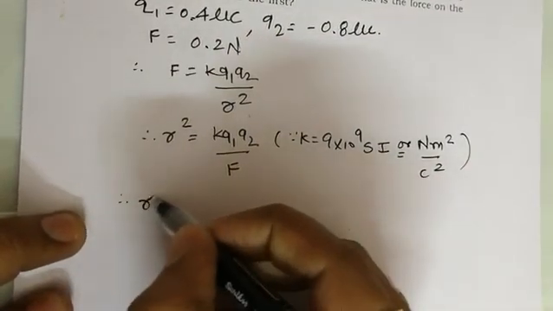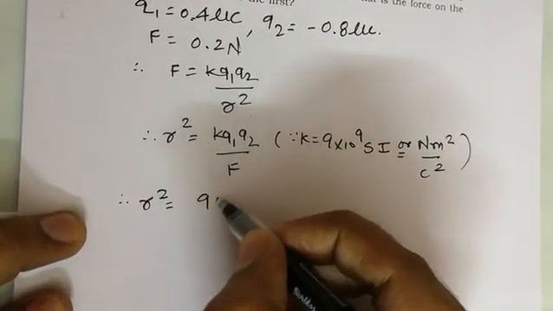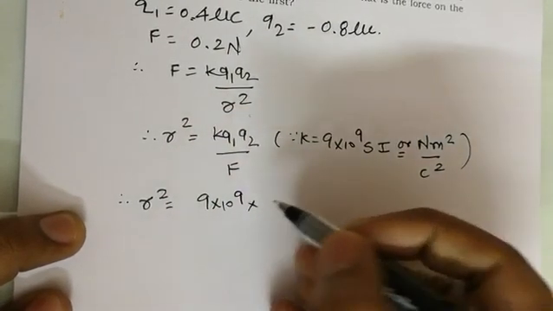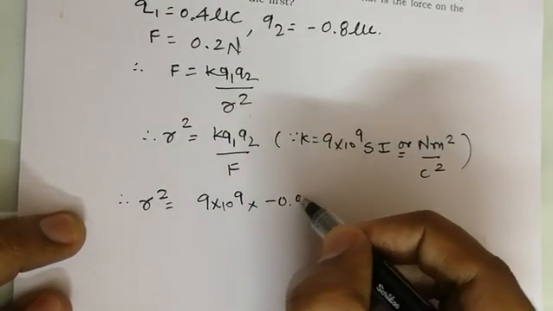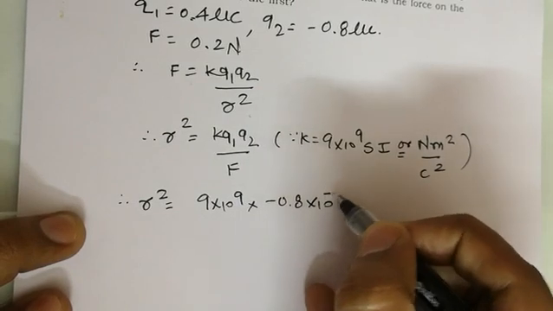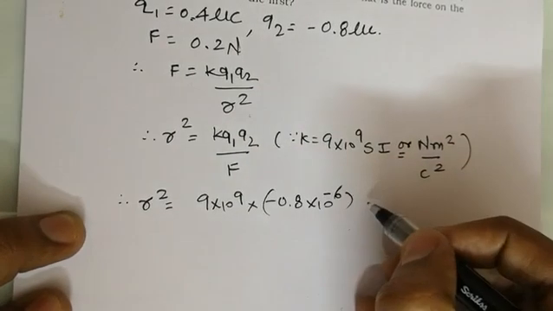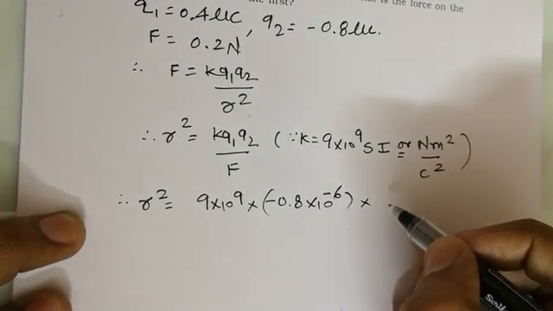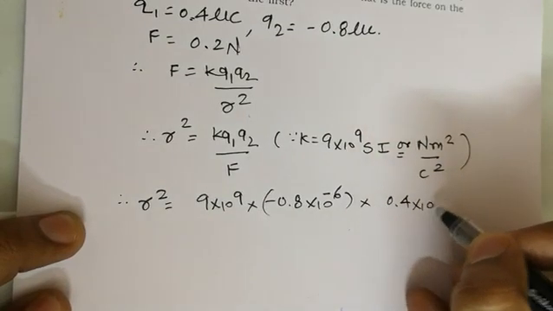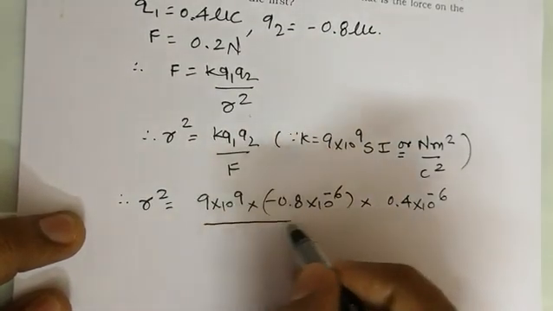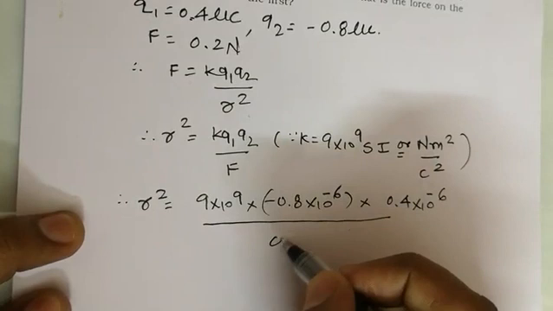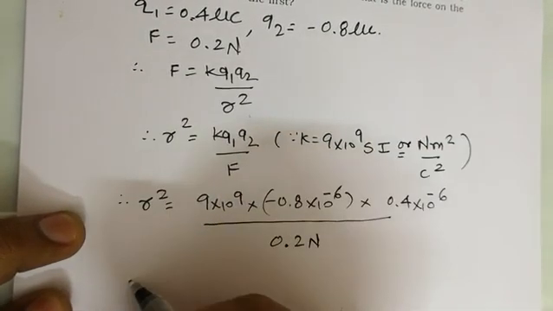Putting in those values, R square equals 9 cross 10 to the power 9, times 0.8 microcoulomb, so 10 to the power minus 6, times 0.4 times 10 to the power minus 6, divided by F, which is 0.2 newtons.